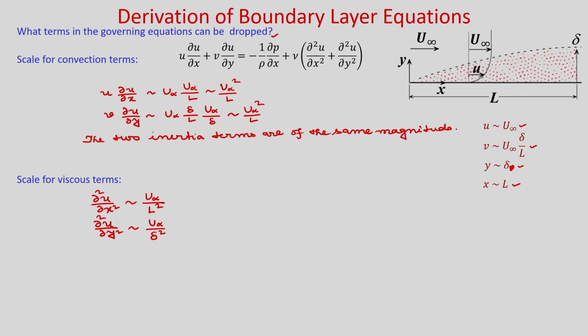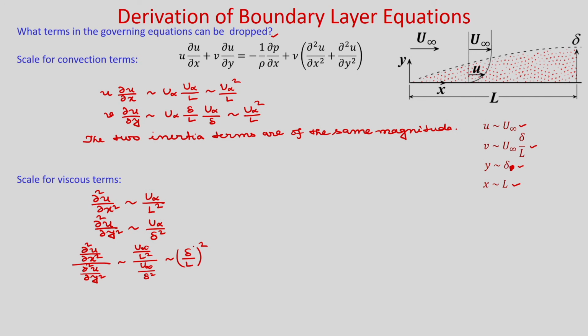Okay. So, now you can see that we can write del 2 u by del x square divided by del 2 u by del y square. So, this ratio will be order of u infinity by L square divided by u infinity divided by delta square. So, you can write this as order of delta by L whole square.